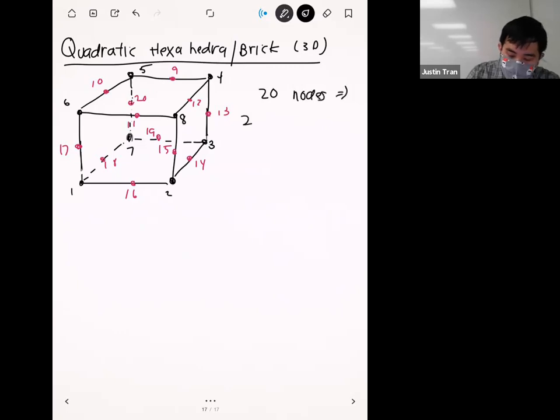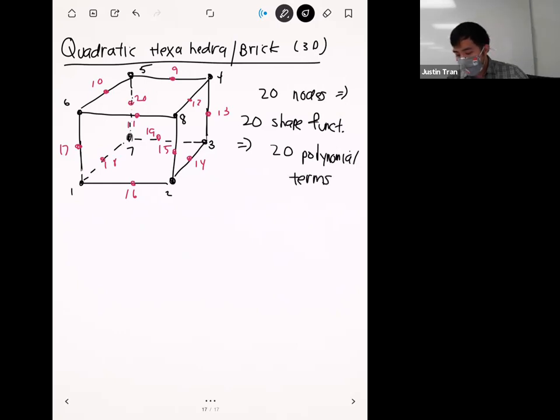And so that means 20 shape functions. Okay, and that means there's going to be 20 polynomial terms as well. Okay. All right, and so we're going to write out all 20 of these terms.